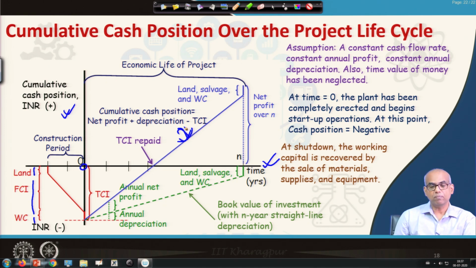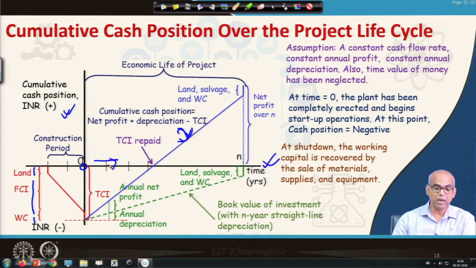So, with time, as time goes beyond 0, your plant starts operating, you start selling products, you start making profits. So, that net profit goes back to the source of capital.